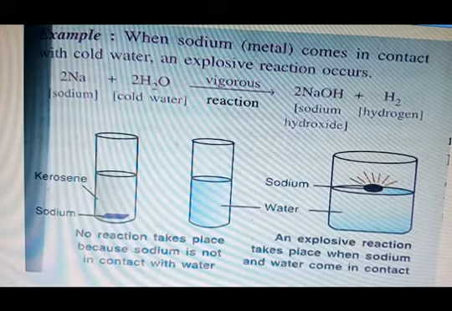So an explosive reaction takes place when sodium and water come in contact, and it results in sodium hydroxide and hydrogen gas. You can see the reaction: 2Na plus 2H2O undergoes a vigorous reaction with explosion to give sodium hydroxide and hydrogen gas.